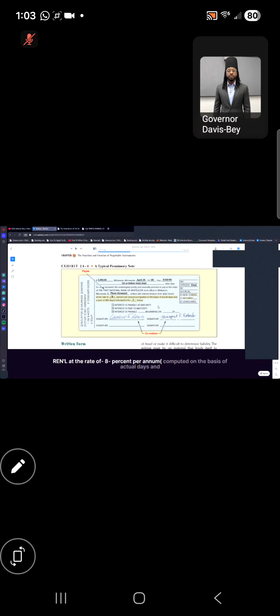Because on a common law, this would not be enough to constitute a contract, but under the UCC, this constitutes a contract. It's an agreement. Once one party promises to pay another party, it becomes a contract. It don't matter if it was any exchange, consideration. Because right here, it doesn't tell you what you get for paying this.